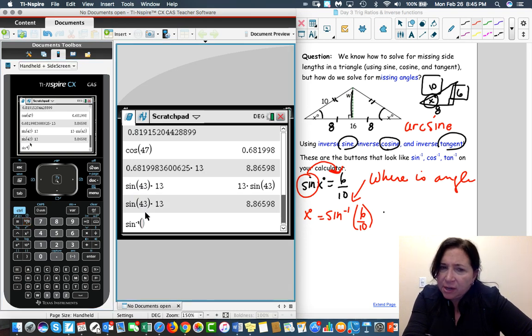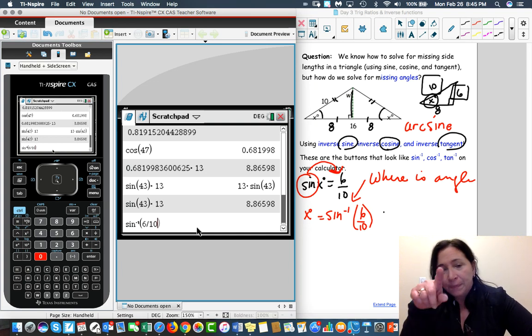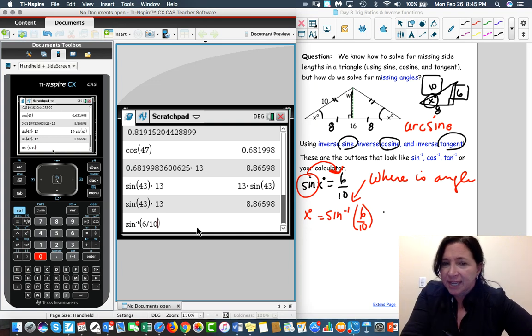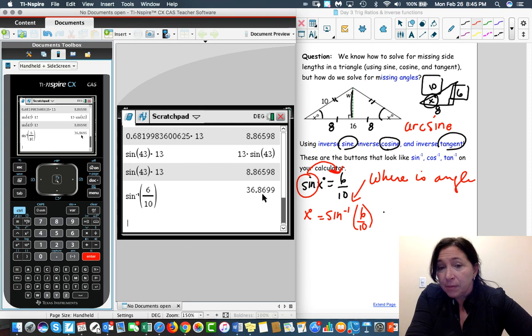See that right there? Click on that. That's arc sine. And you're going to type in 6 divided by 10, and it will just reduce for you, so you don't have to worry about that. What you do have to worry about is that neither one of those are decimals. So again, you're going to have to do Control, Enter, and that's going to give me my approximation.